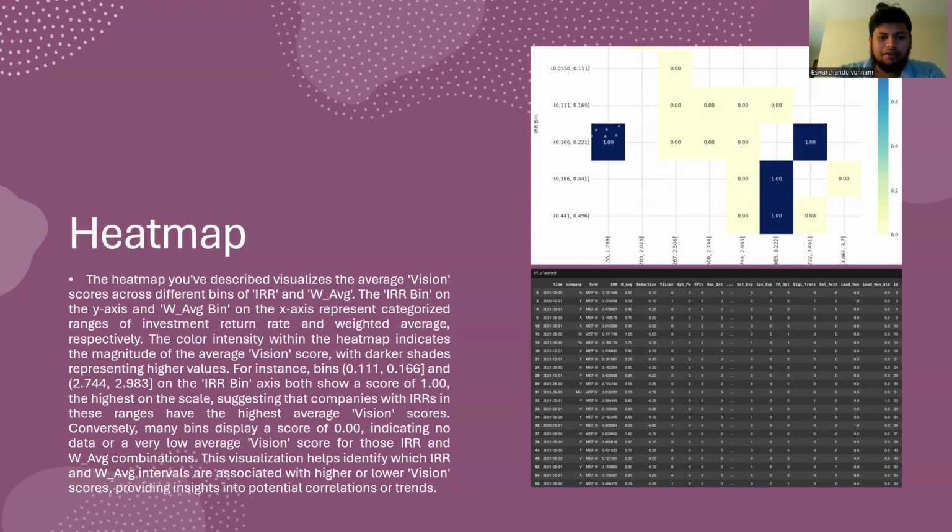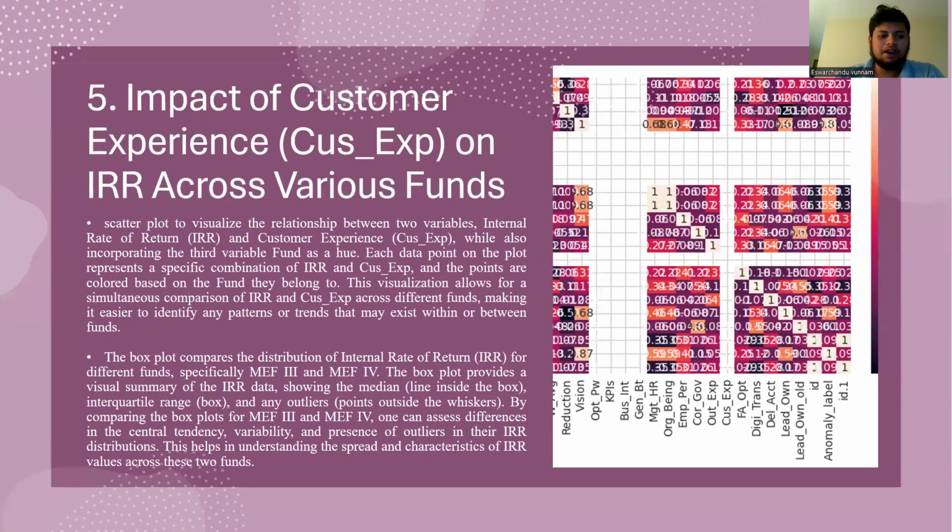Conversely, many bins display a score of 0.00, indicating no data or a very low average vision score for those IRR and average combinations. This visualization helps identify which IRR and average intervals are associated with higher or lower vision scores, providing insights into potential correlations or trends. Now our teammate will continue.